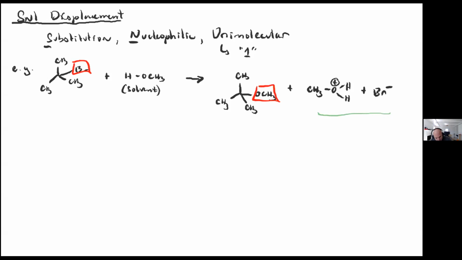And so what happens is that you first get a unimolecular ionization. So literally, the bromide just pops off and it takes the electrons in that carbon-bromine bond with it when it leaves. So bang, okay? And then what does that generate? That generates an ion pair.